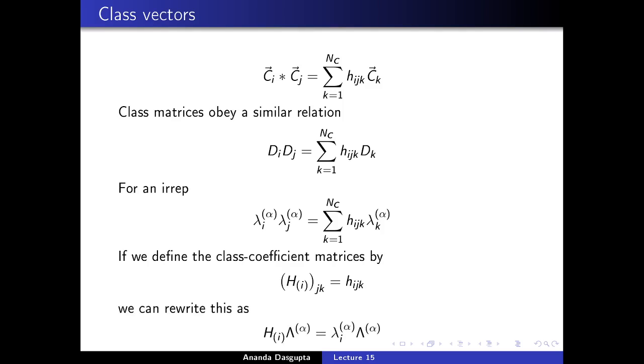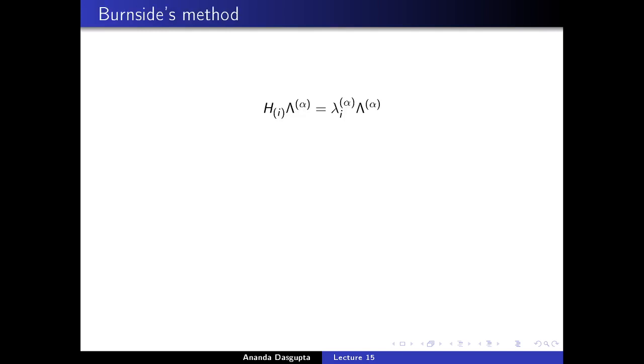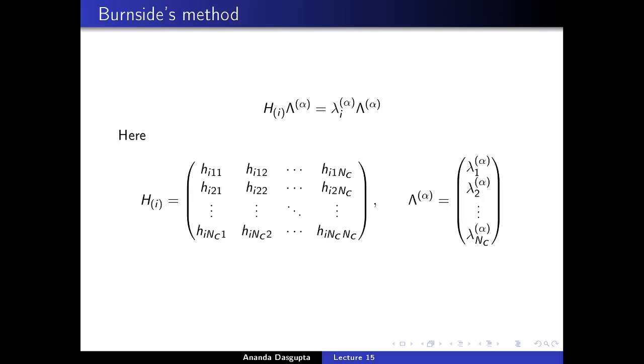And this simply can be rewritten as a matrix equation: capital Hi multiplying capital lambda alpha is small lambda i alpha capital lambda alpha. And this is nothing other than an eigenvalue equation. What you end up with is that capital lambda alpha is a simultaneous eigenvector of h1, h2, h3, all the way up to h nc. And the corresponding eigenvalues are lambda 1 alpha, lambda 2 alpha, lambda 3 alpha, and so on.